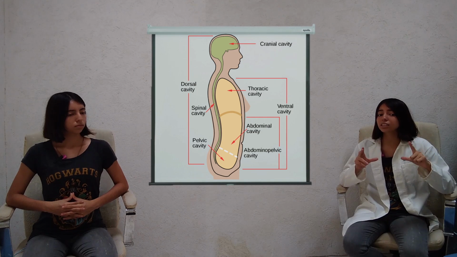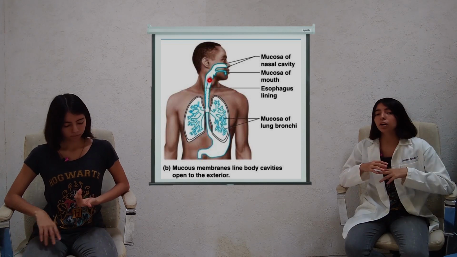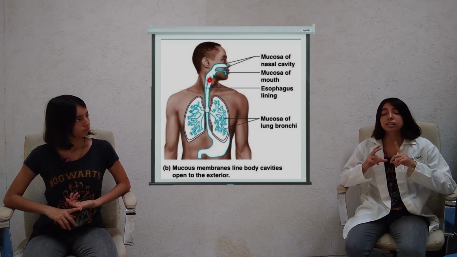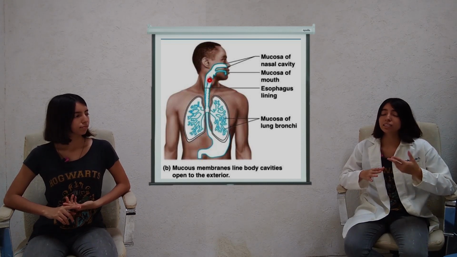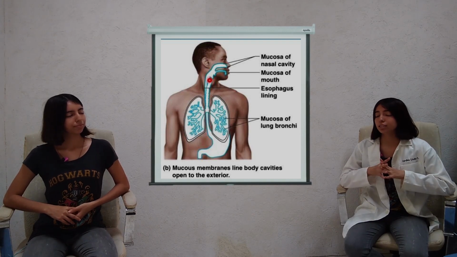And well, the last 2 are surrounded by serous membranes. What are membranes? They are thin layers of cells that cover the inside and outside of the body. There are 4 types. The mucous membranes line the tubes of the digestive, respiratory, urinary, and reproductive systems, and secrete mucus that protects the body from the invasion of bacteria and viruses.